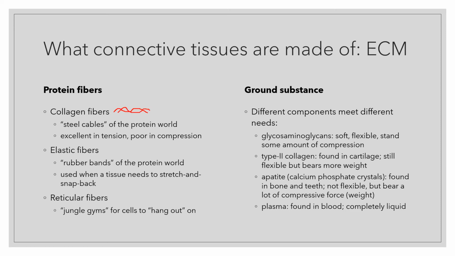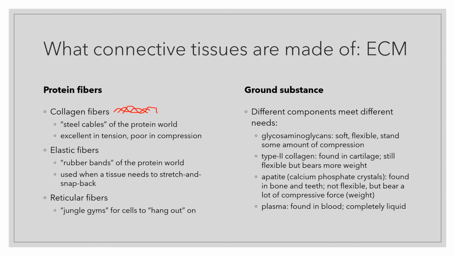triple helix of the collagen protein. That's a horrible drawing, but they weave around each other in much the same way that three strands of a steel cable wind around each other to hold up a suspension bridge or something like that.